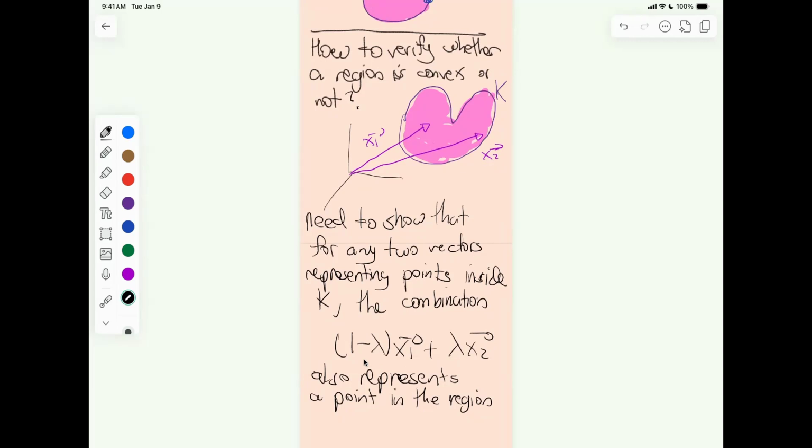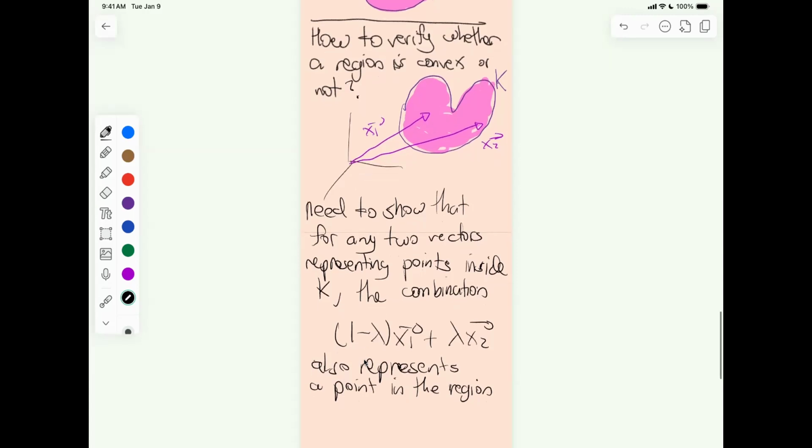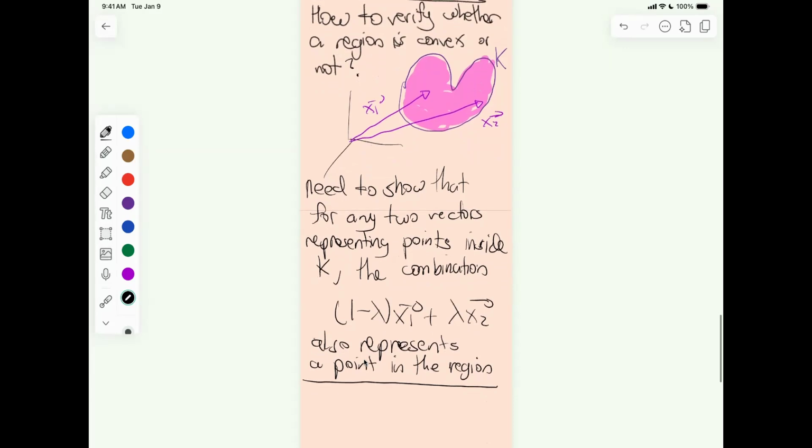Okay, so let's see. So for example, it's not making sense why you would check that, because this expression represents, and I should say for lambda between 0 and 1.